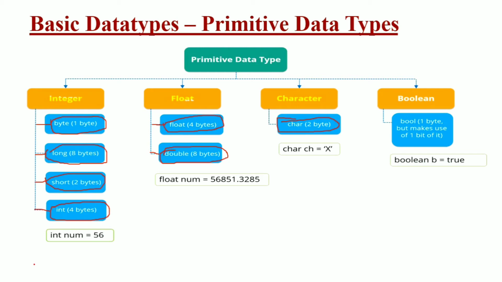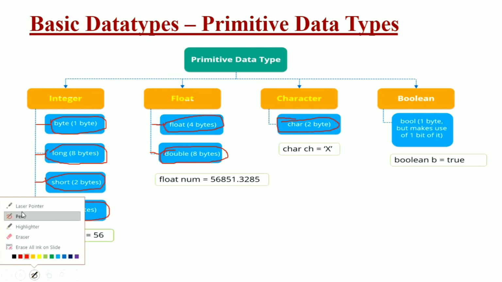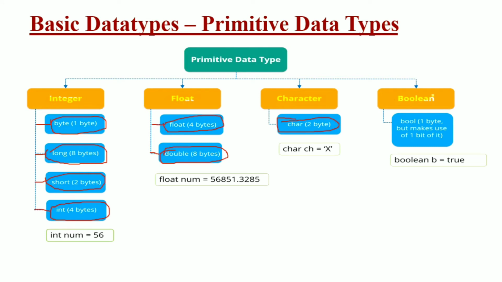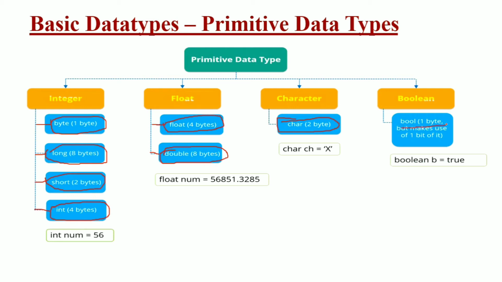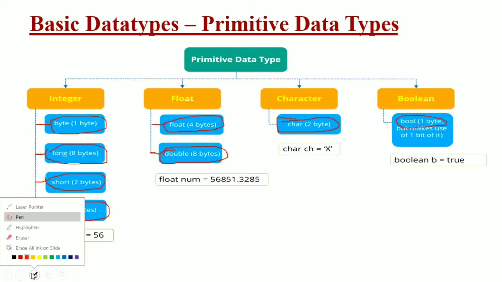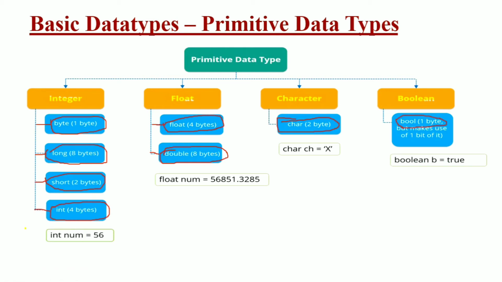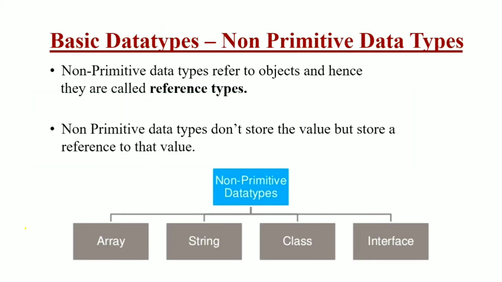And finally the last data type is the Boolean data type, and it takes just 1 byte in memory location, because a Boolean data type can store only true or false. So these are the primitive data types.